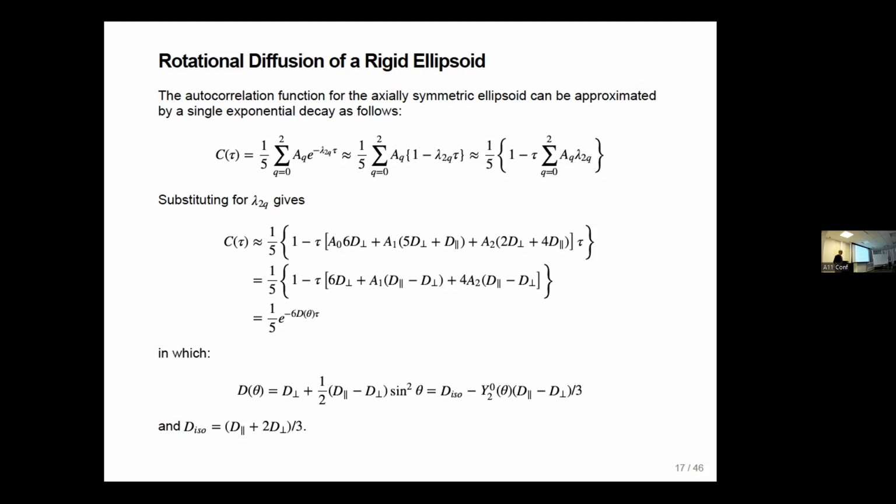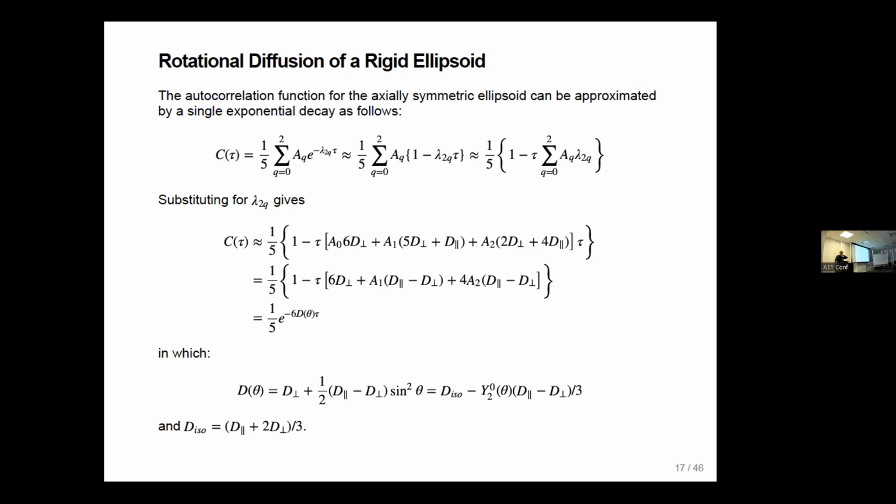Because depending on where you are in the molecule, the mixing from rotation around the different axes will be different because your orientation is different. But essentially, if we have these 5 exponentials, but they don't deviate so much from each other, then there might be an approximate single exponential decay. And he worked out a very elegant way of doing this.